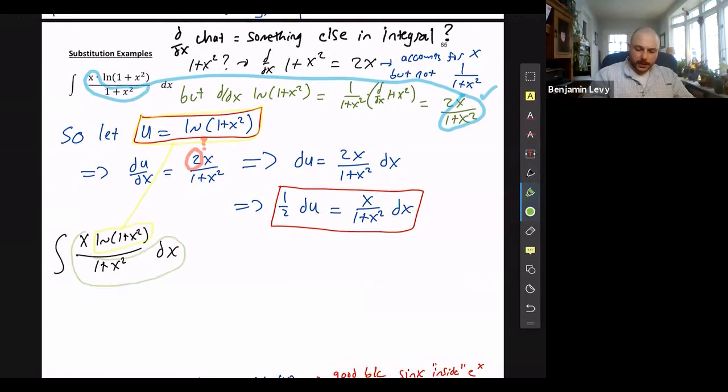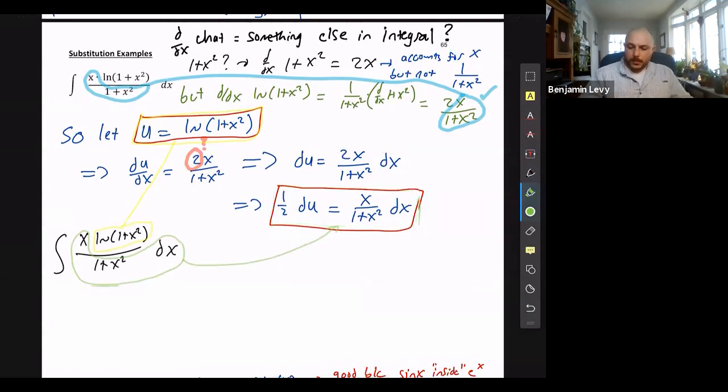Right, so notice what I'm circling in green right now. That is exactly what's right here. So that when we make the substitution, it looks like this, right?